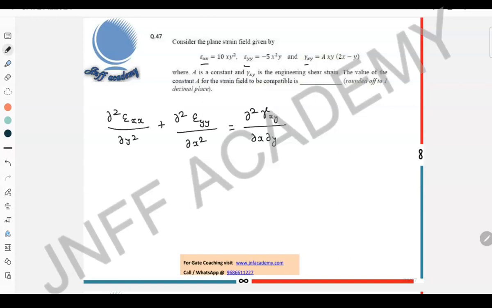Now we will find out the second derivative of each strain and we will try to find out the unknown constant. First, dou epsilon xx by dou y. This term has to be differentiated one time with respect to y. 10x into 2y, so straight away we can write 20xy. Then second derivative with respect to y, 20x.